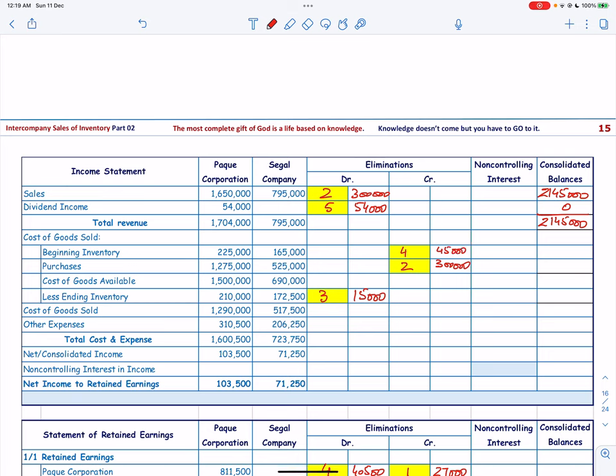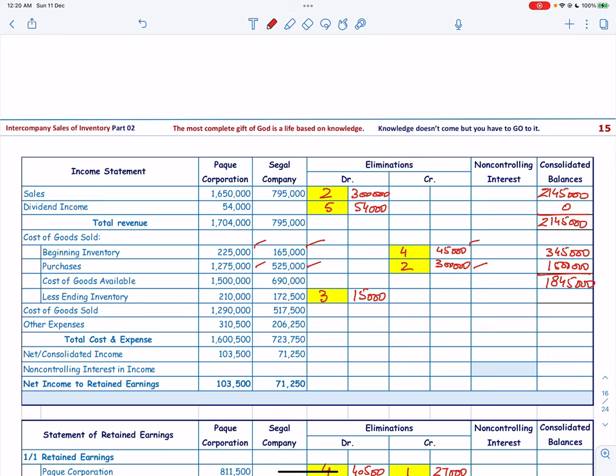So we have 225 plus 165 minus 45, and this will be equal to 345. Then we have purchases of 1,275,000 plus 525 minus 300,000, that will give you 1,500,000. So we have the cost of goods available, that is 345 plus 1,500,000, that is 1,845,000.